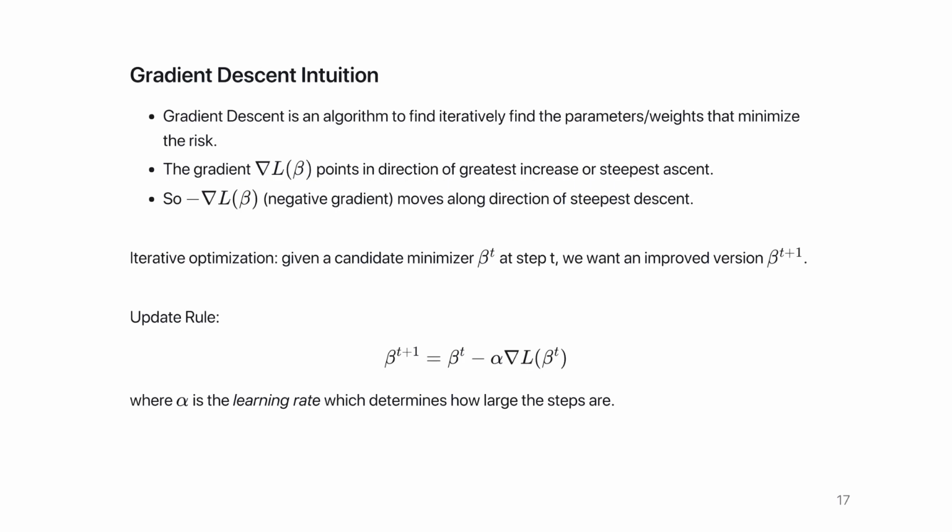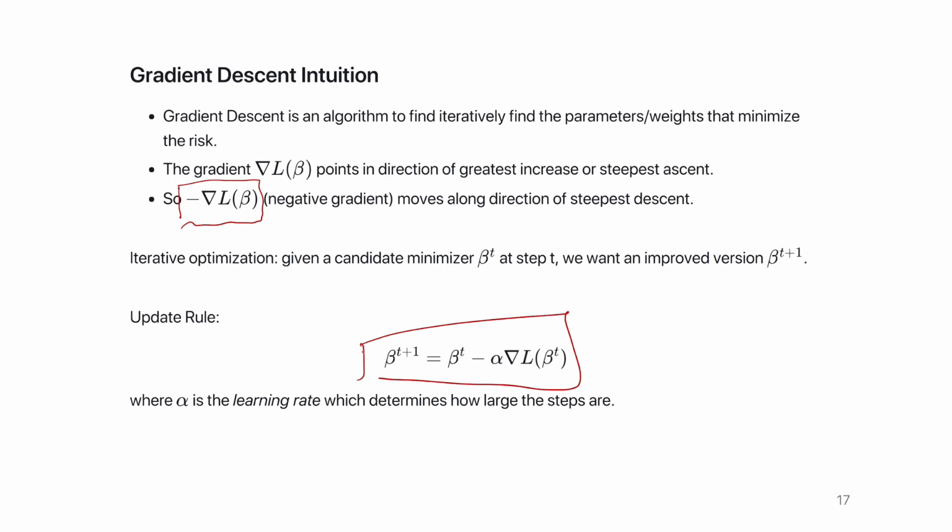The key high-level idea for gradient descent is that you use an iterative procedure, step by step, to find an estimate for the minimum. When you take the gradient of a loss function, if you look at this update rule here, you'll notice that we're moving in the direction opposite the gradient.